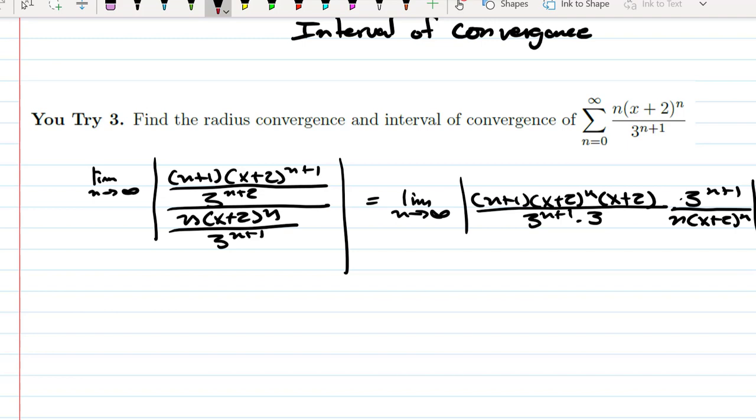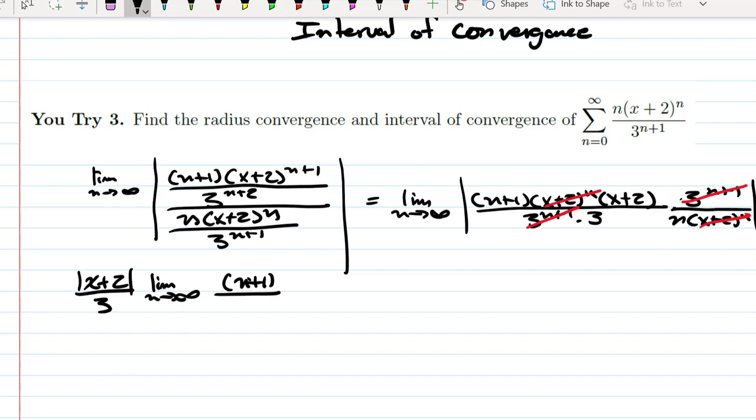And as has happened with pretty much all of them, we get some things that reduce out as always. We pull out our absolute value of x plus 2 this time, and then we have the limit as n goes to infinity of n plus 1.